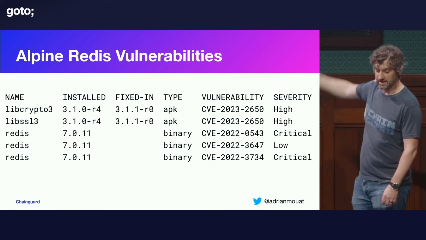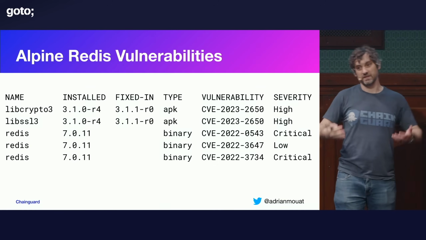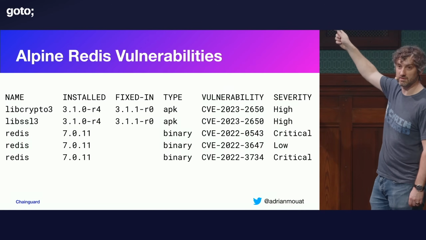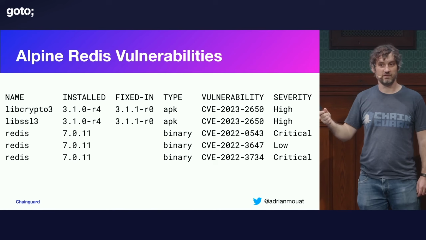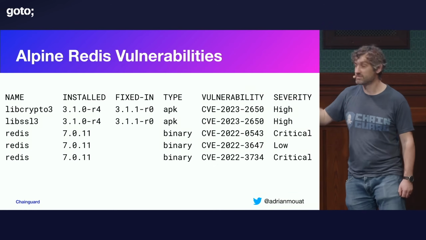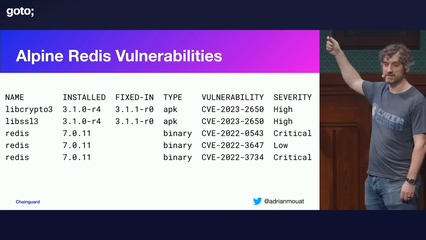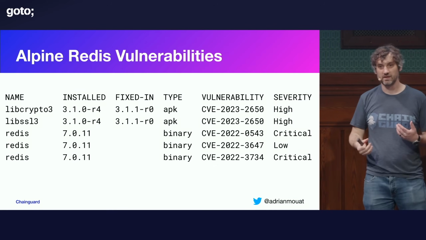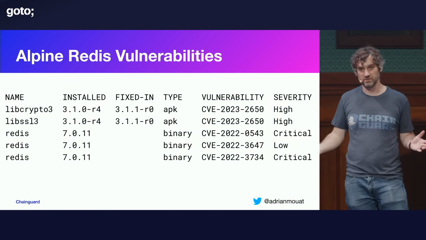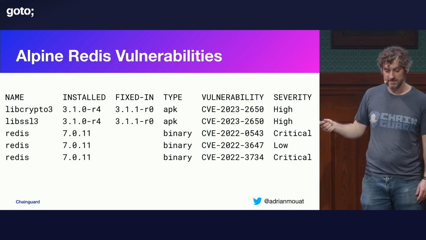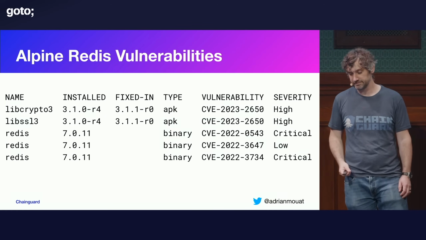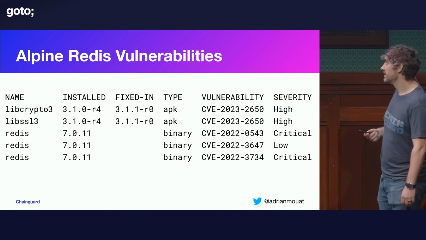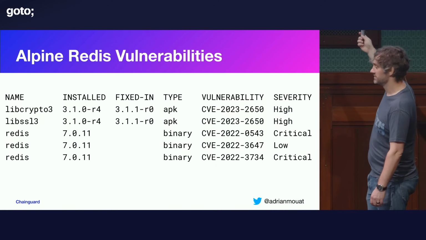What this means is the Docker image had version 3.10 of libSSL3 installed, but Alpine had already released version 3.11 of the package, which addressed this high vulnerability. But it took a few days or a week or so before the new Docker image was created with the new version of this package. And at the time I ran this scan, that hadn't happened. It has now. But there's still 3 other vulnerabilities.